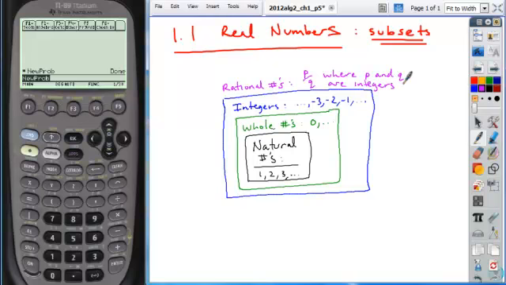Okay, so rational numbers, they include all the natural, whole, and integers, but they also include fractions. Okay, so positive and negative. They include terminating decimals.